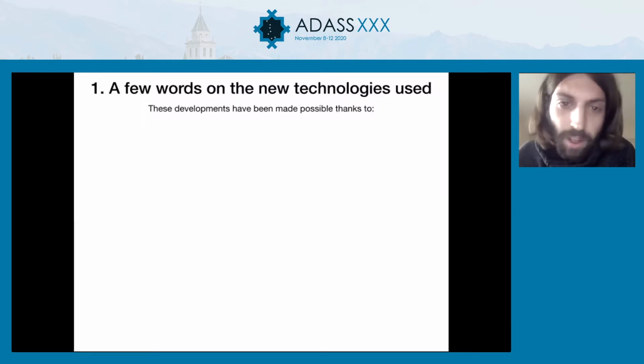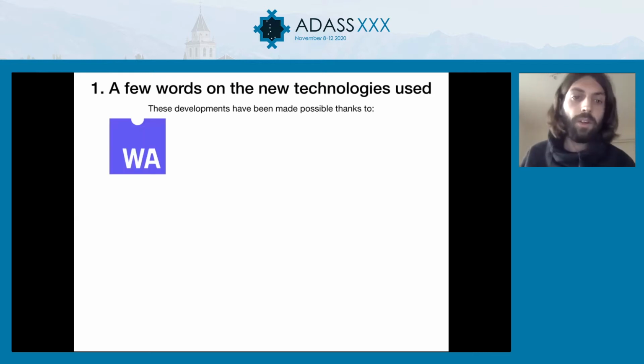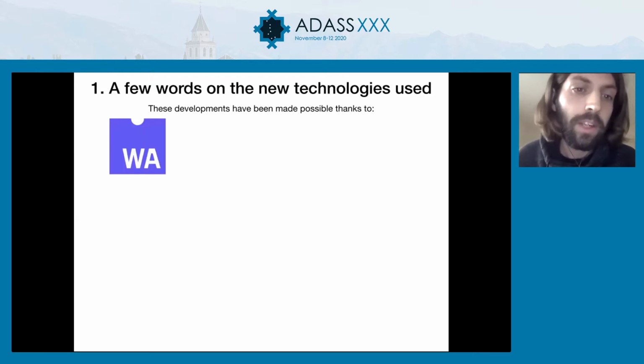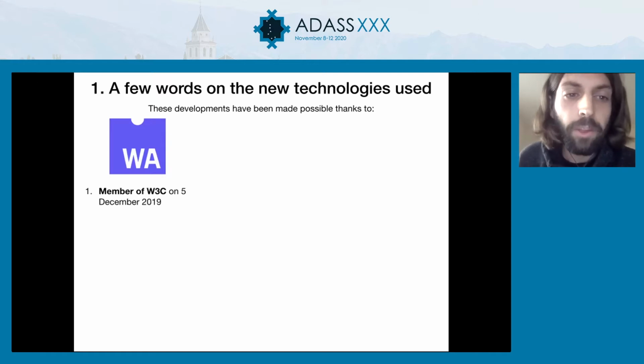So let's go. Before diving into the features, I would like to talk a little bit about the new technologies that I've been using to make that possible. The first tech I used is WebAssembly.